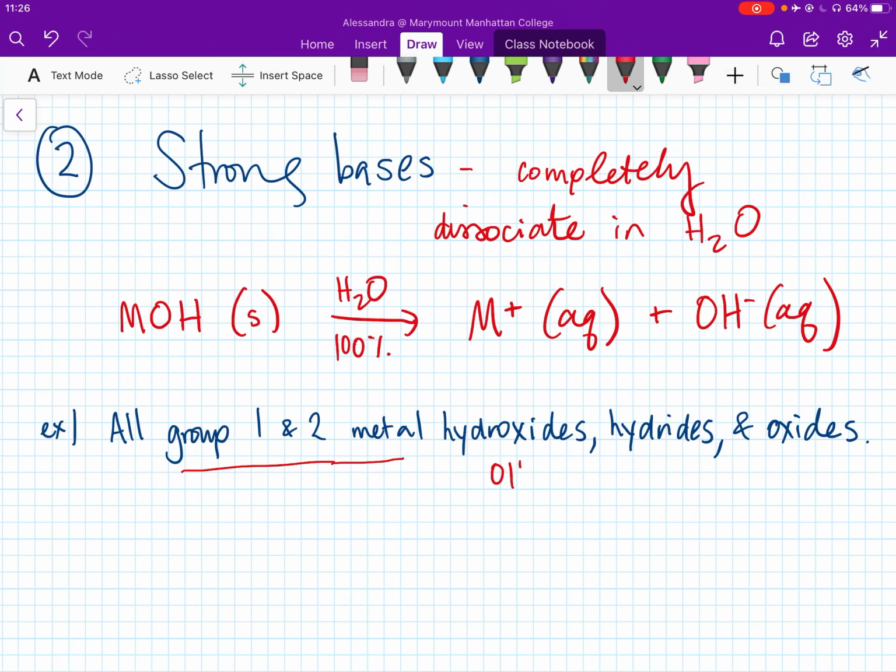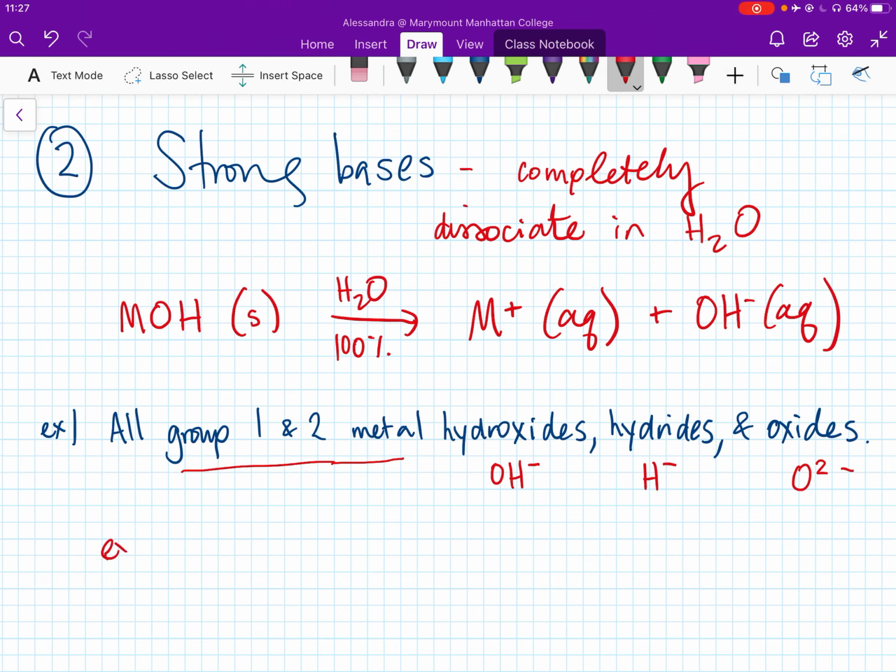So hydroxide is the OH minus anion, hydrides would be the H minus anion, and oxides would be the O2 minus anion.